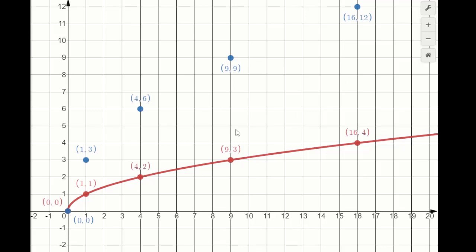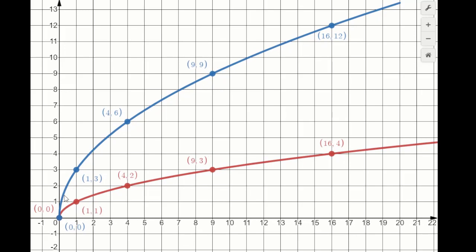Now it's time to put in the actual graph. So there you go. If I'm using a hand sketch, that's how I would sketch it, from left to right, and that's how I would continue making the graph further and further.